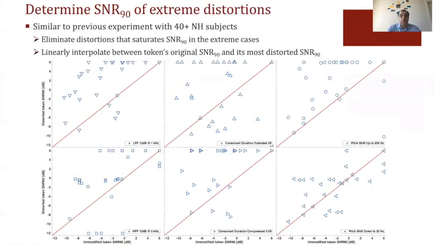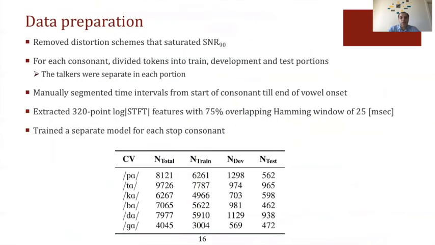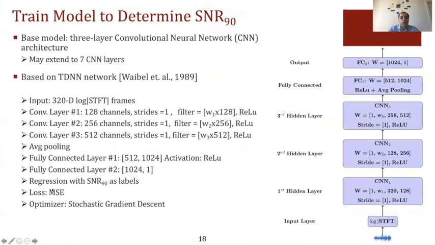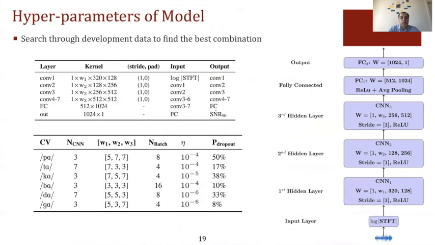One thing that I forgot to mention is that when I get a new label for SNR90, I have the original SNR90 and I have the most extreme case SNR90. I label the sounds in between using linear interpolation. And here I have all the labels for regression, the loss is mean square error, and the optimizer is stochastic gradient descent.